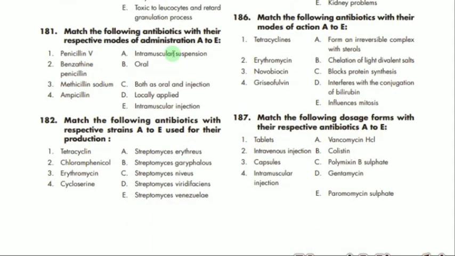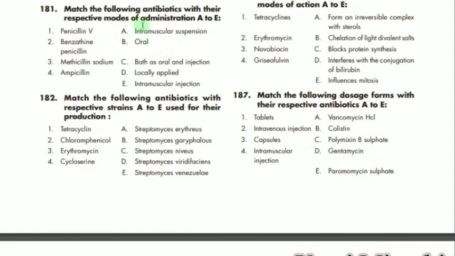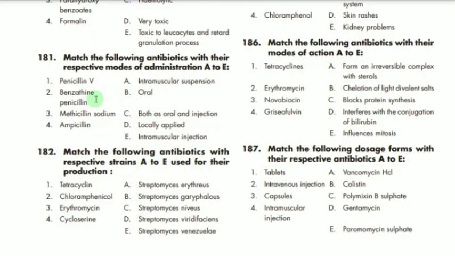Now let's see the 181 MCQ, which says match the following antibiotics with their respective mode of administration. The first antibiotic is penicillin V. The mode of administration of penicillin V is oral, so we take it orally. Second we have benzathine penicillin.